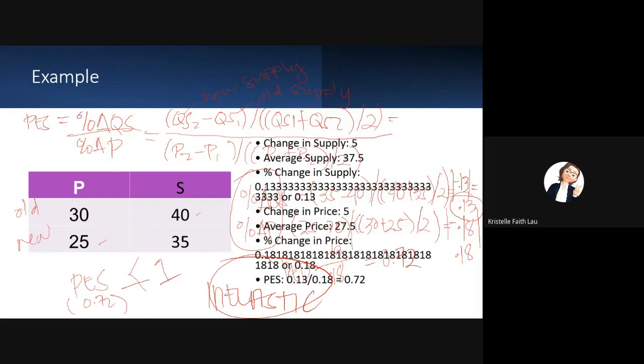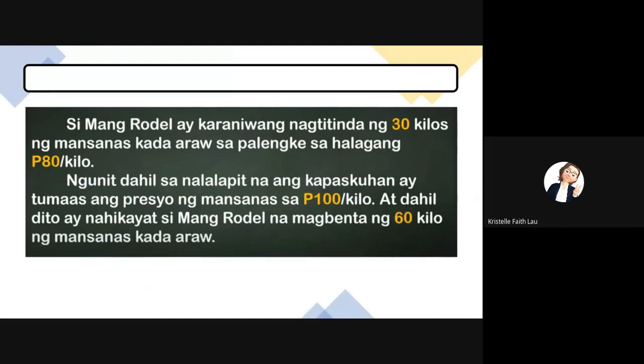So dividing the percentage change in supply, 0.13, sa percentage change in price, 0.18, ang output niya kay 0.72. So kani siya, this is our next problem. You may start answering this example.